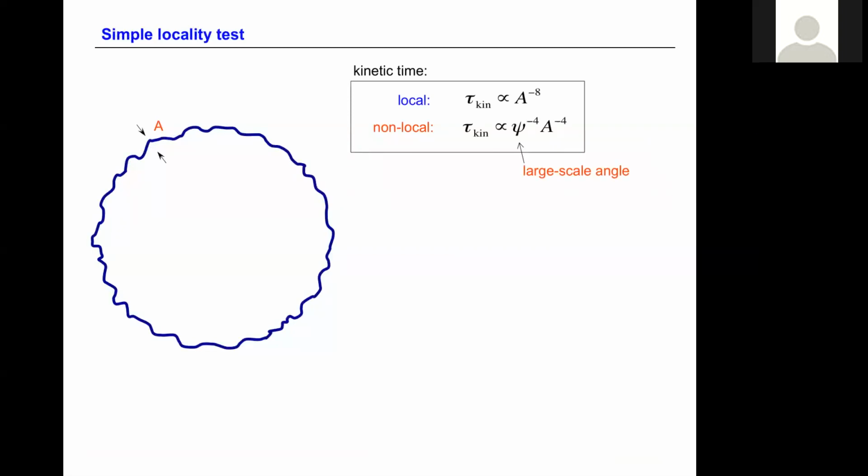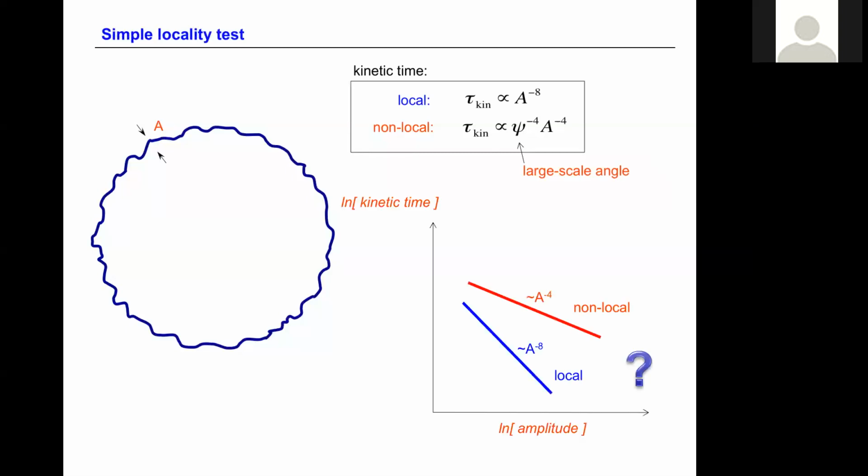You can even do it in a quadratic experiment if you want. You can observe the time it takes for the amplitude to decay by, I don't know, a factor of e or 2, and that defines the kinetic time. You see that the time scales with the amplitude quite dramatically differently in the local and non-local scenarios.